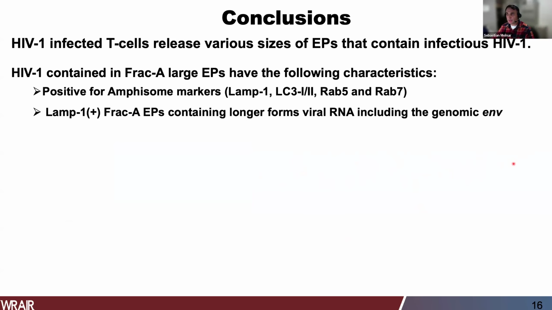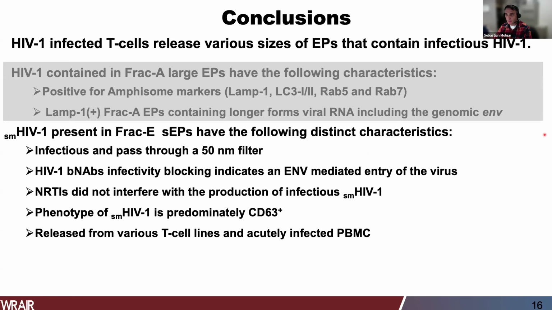So in conclusion, HIV-infected T cells release various sizes of extracellular particles that contain infectious HIV. We observed that the fractionated large extracellular particles are positive for LAMP1, SCE3, RAB5, and RAB7. These are typical amphisome markers, but mainly LAMP1. Large extracellular vesicles contain viral RNA, including genomic and envelope, and they are also infectious.